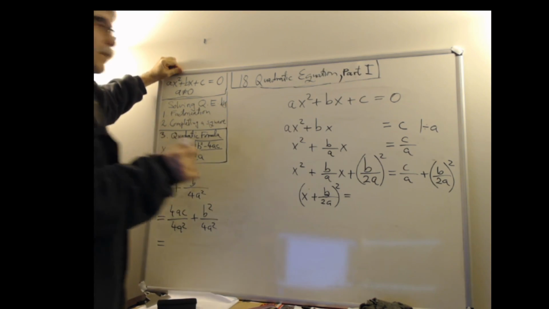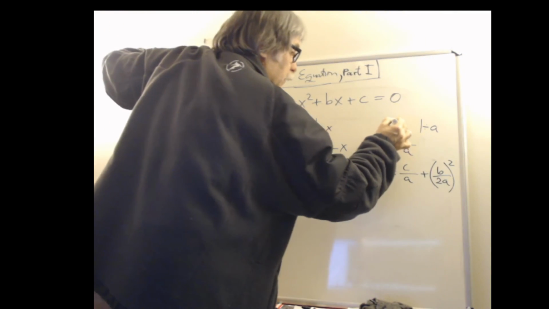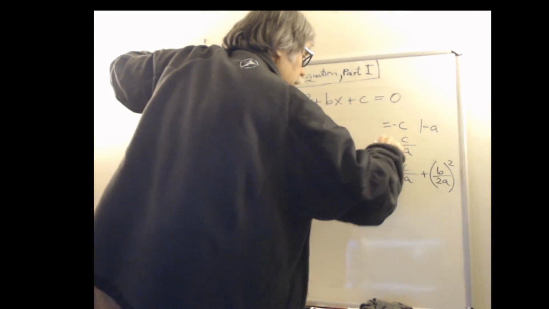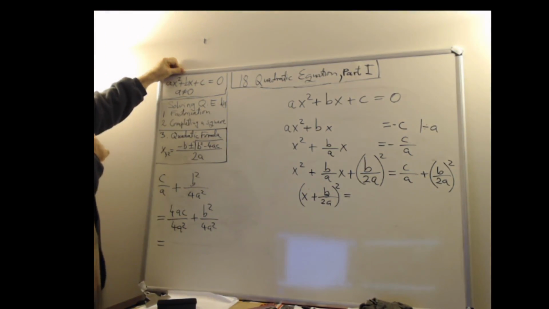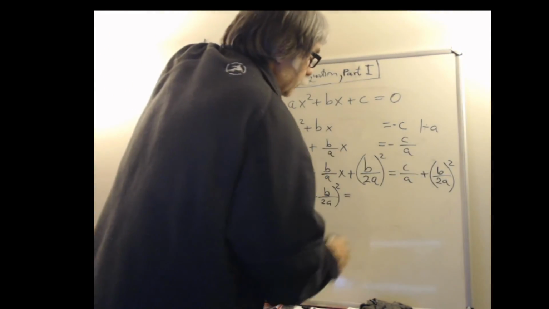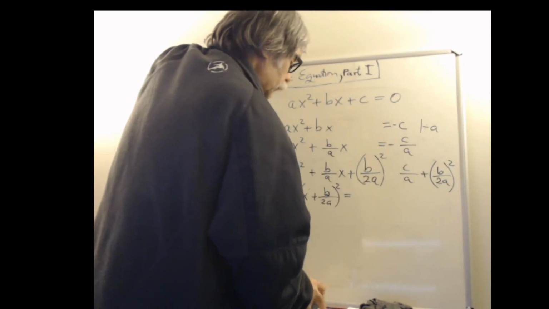I forgot one more thing here. When I move this one to the other side, I get negative here. So that ought to be another thing here. I just noticed that I need that minus. So I have minus here as well.